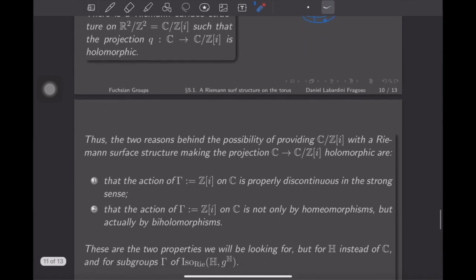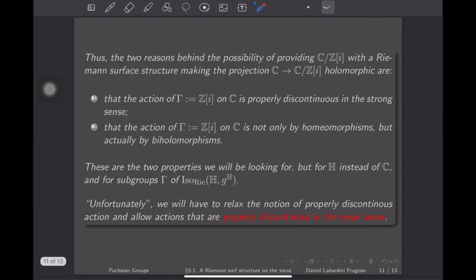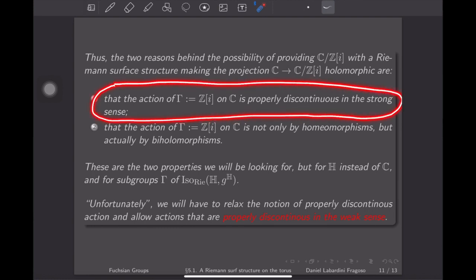Okay, so there are two things then that we are looking for. One is that our actions give rise to covering maps to the orbit space, and that can be achieved if one has a properly discontinuous action in the strong sense.